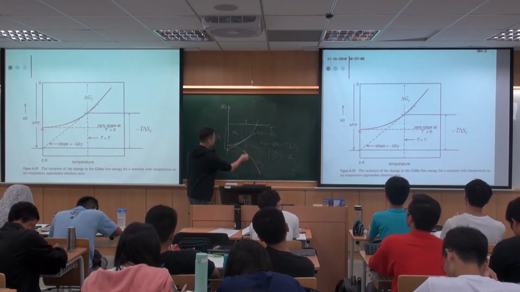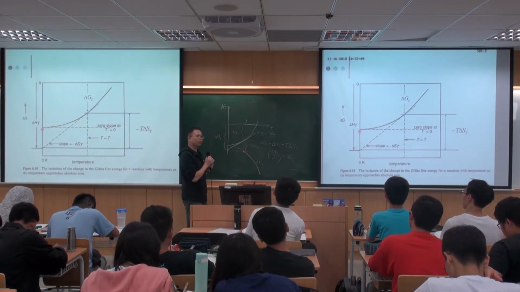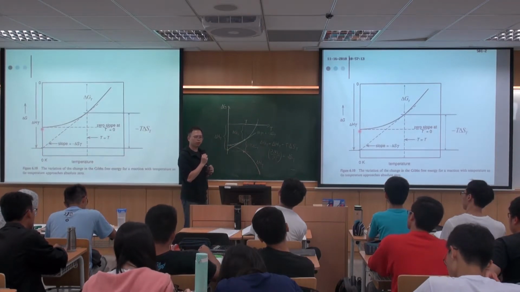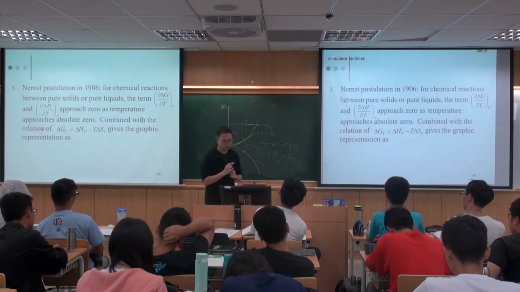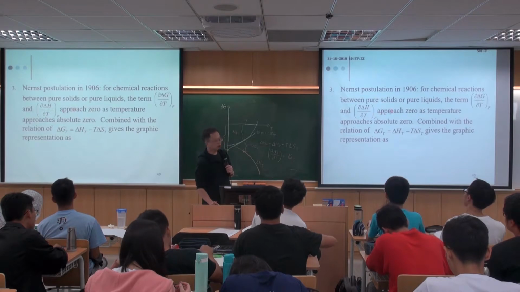And if you look at the trend over here, you'll see that the argument is true that the slope over here is also close to 0. So partial delta H, partial T is also approaching 0.